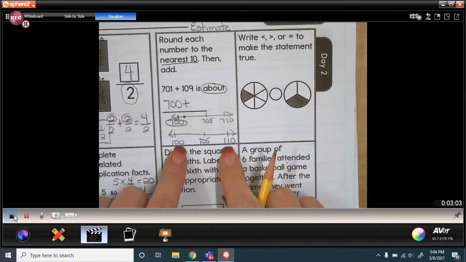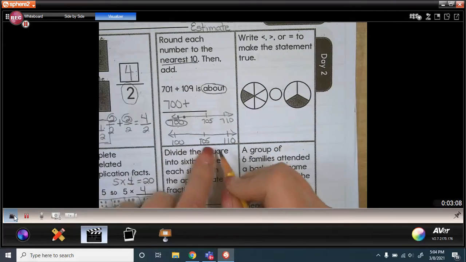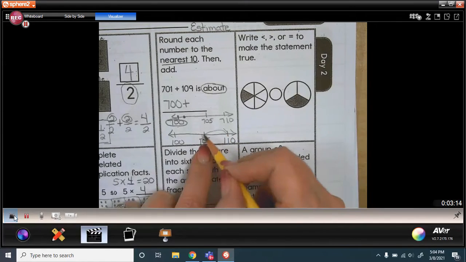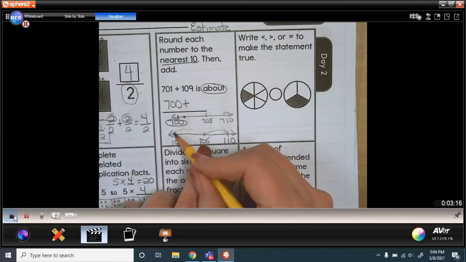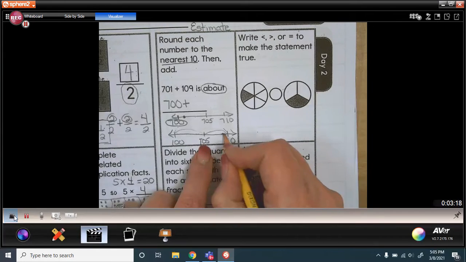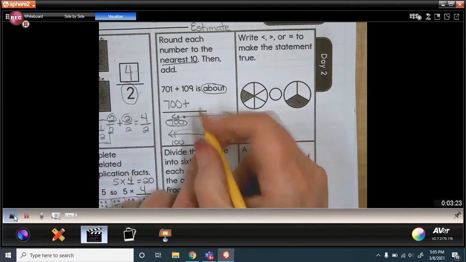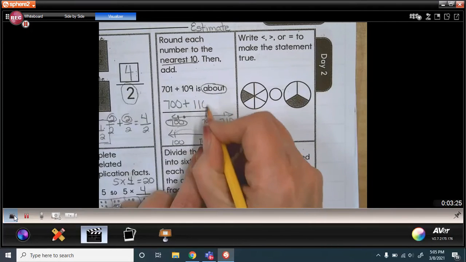And so where is 109 here? Now remember, as soon as you pass 5 in the middle of these tens, you round up. If it's less than 5, which means 4, you would round down. But this is going to be 109. So that tells me it's going to be closer to the 110 when rounding to the closest 10.